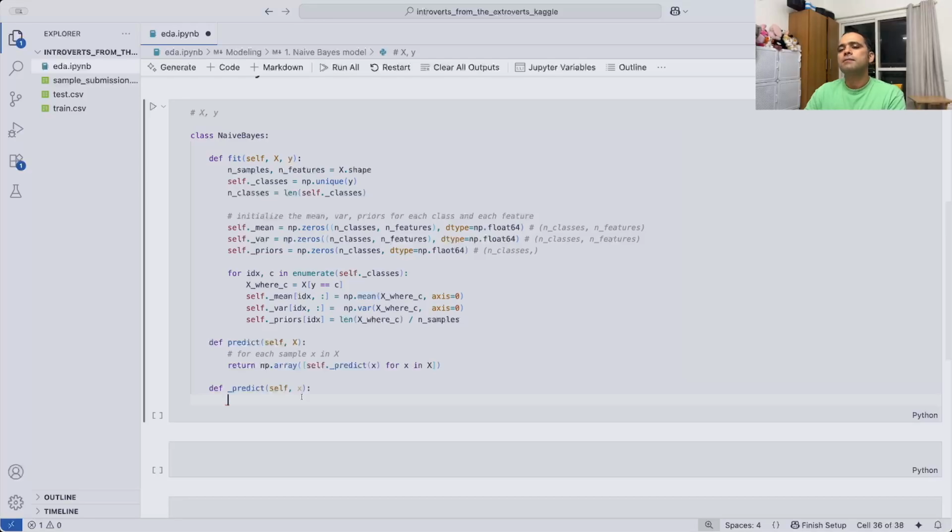Whenever we get a sample, for that particular sample, we need to write the code for the underscore predict function, which is predicting classes for a particular sample. Let's quickly recap the expressions that we learned in the theory, what code it is.